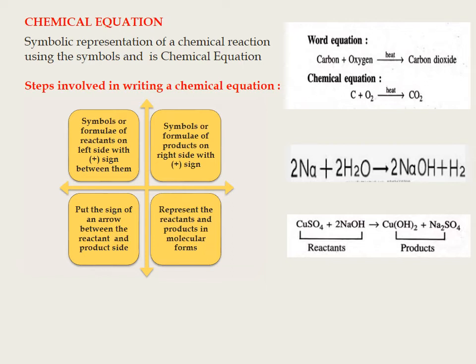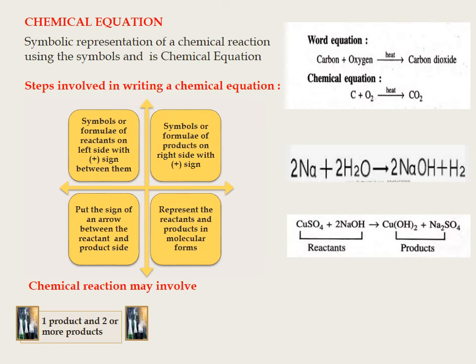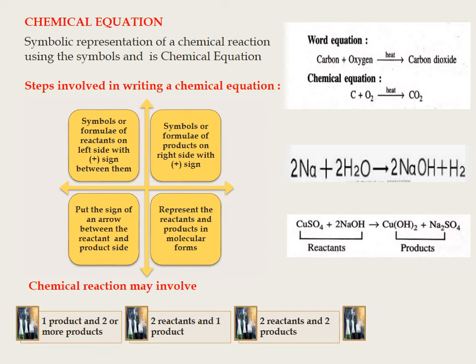In the given equation, copper sulfate and sodium hydroxide are reactants which react to produce copper hydroxide and sodium sulfate, which are products. Chemical reactions may involve one reactant and two or more products, two reactants and one product, two reactants and two products, two reactants and three or more products.